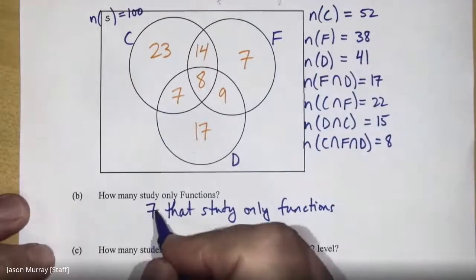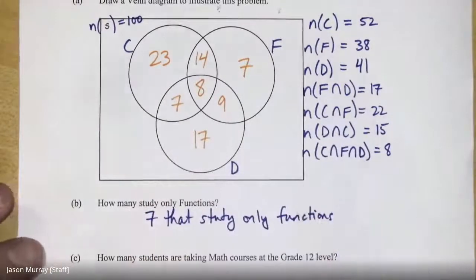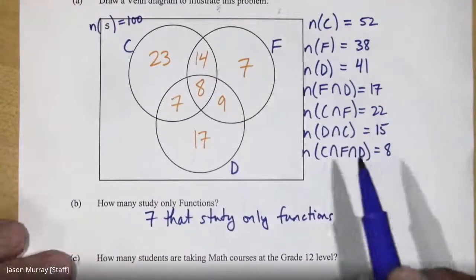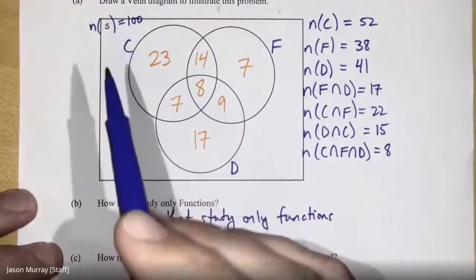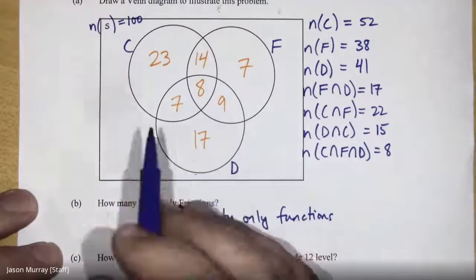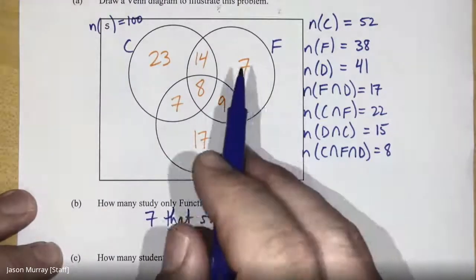I'm going to ask you another question, actually. How many students, out of this Venn diagram, how many students are taking calculus or data? So that's calculus or data, but not functions.